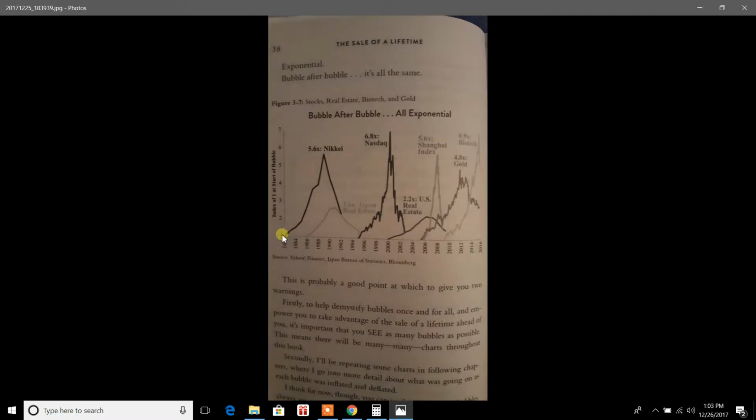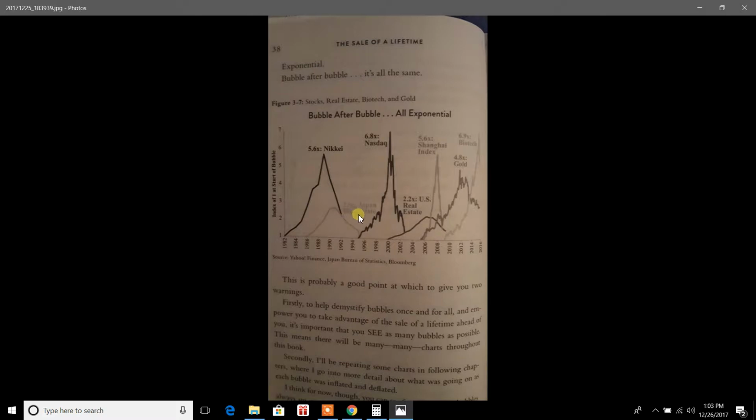So they all start at 1, and Nikkei went up 5.6 times where it started, and then it came crashing down. So the movement was parabolic. Same with the NASDAQ. You had 6.8 times the increase in volume or price action. Real estate, you had 2.2 times the price action in the U.S. real estate.